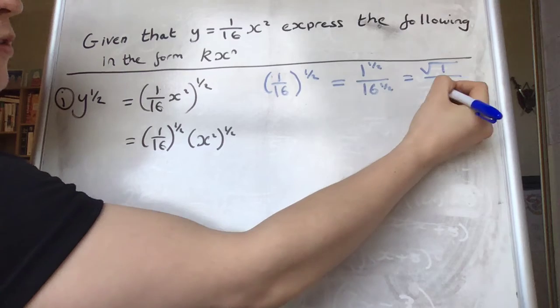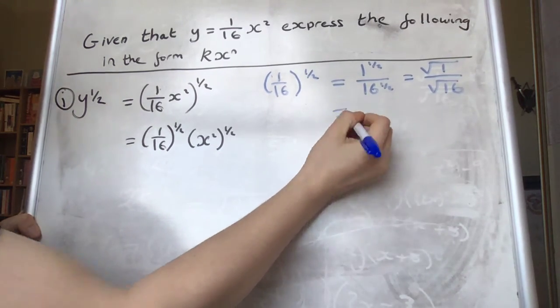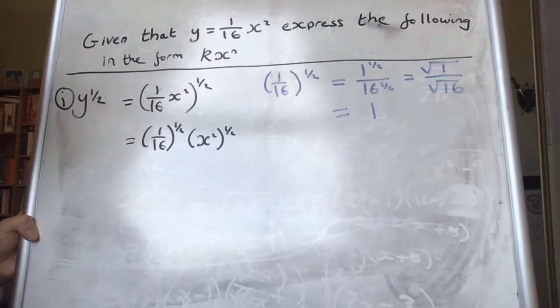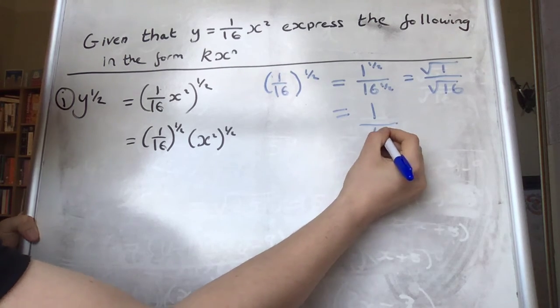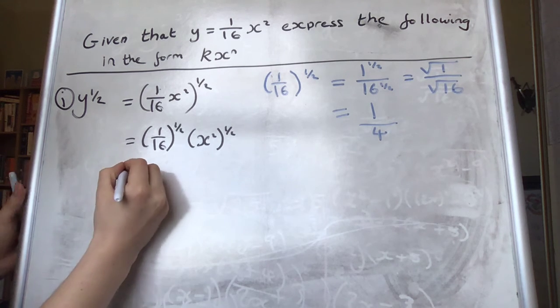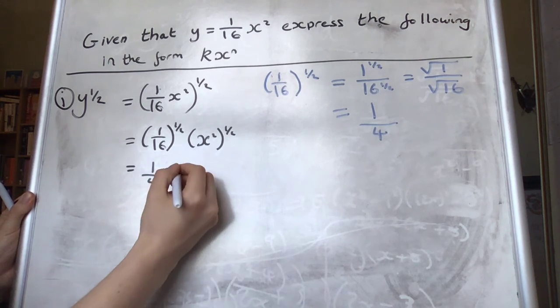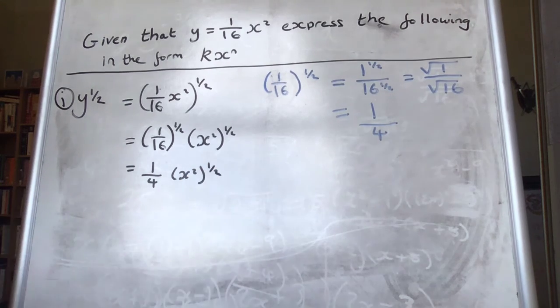So it would be the square root of 1 over the square root of 16. And when we have the square root of 1, that's just the same as 1. So the square root of 1 is 1, and the square root of 16 is 4. Okay, so let's now plug that into the equation that we have down here. So we now have 1/4 multiplied by x squared to the power of a half.